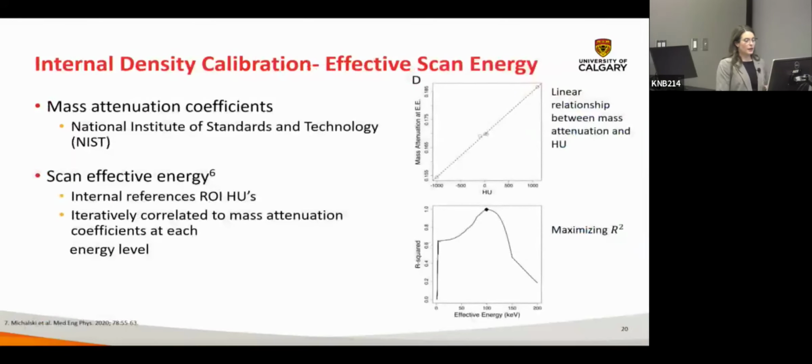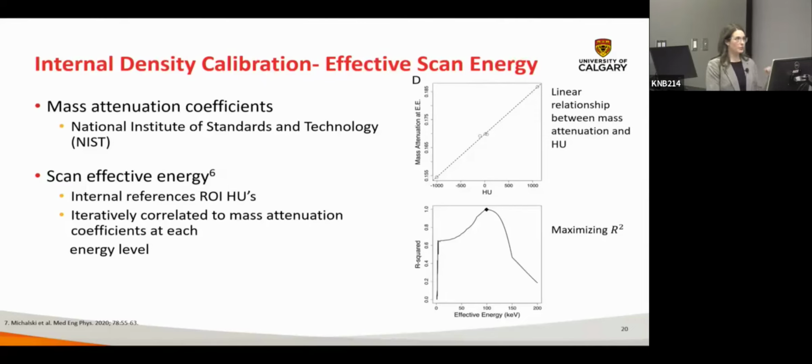This is Dr. Boyd's technique that he's developed. The benefit of this method of internal calibration is that there's no reference data set required to derive a calibration equation. More specifically, it is based on the mass attenuation coefficients from the National Institute of Standards and Technology. They've gone through each of the reference tissues and seen how those tissues interact at various different energies.